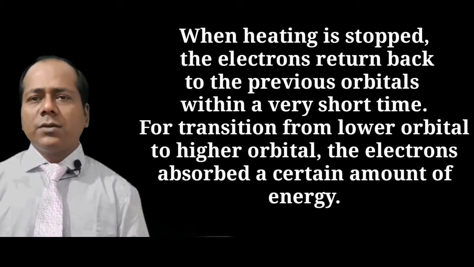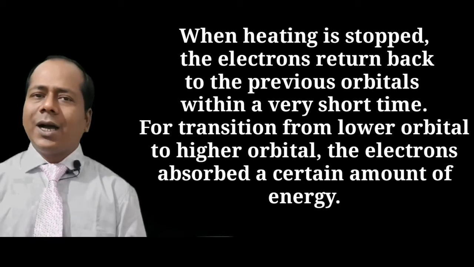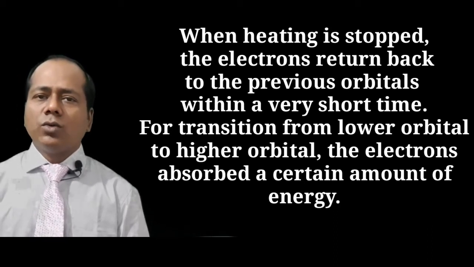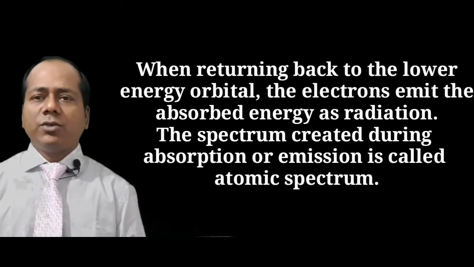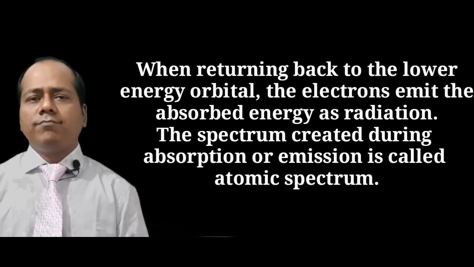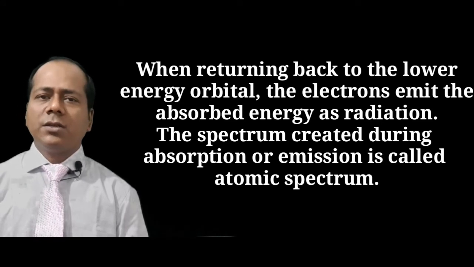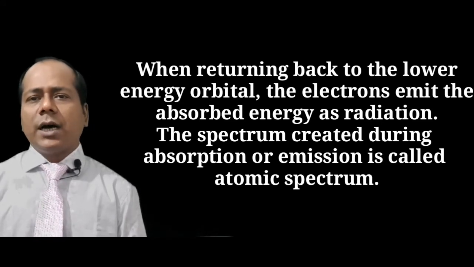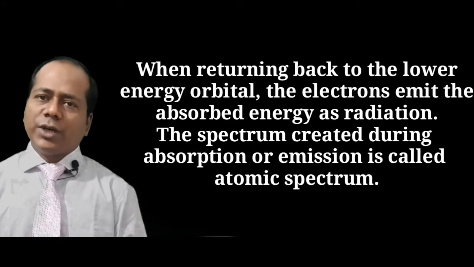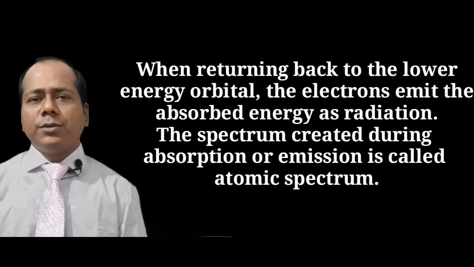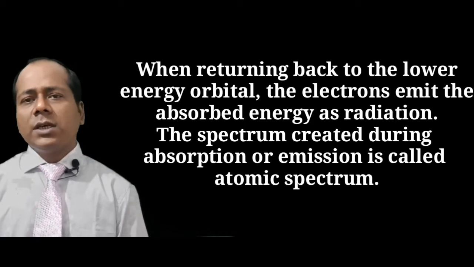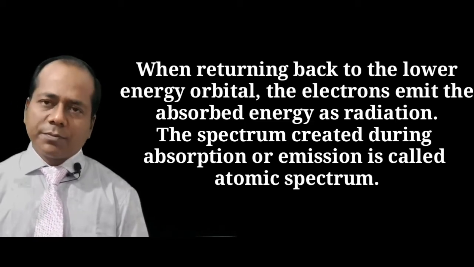For transition from a lower orbital to a higher orbital, the electrons absorb a certain amount of energy. When returning to the lower energy orbital, the electrons emit the absorbed energy as radiation. The spectrum created during absorption or emission is called atomic spectrum.